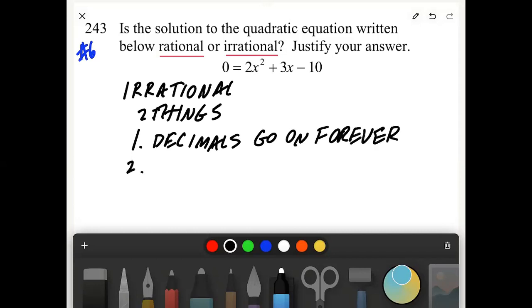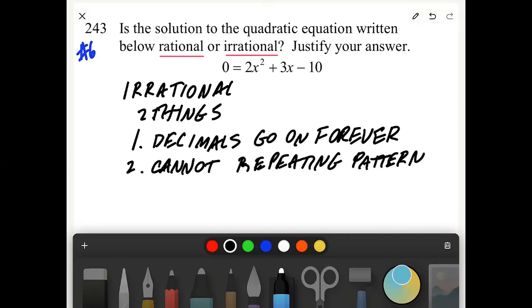And the decimals cannot have a repeating pattern. It cannot have a repeating pattern.